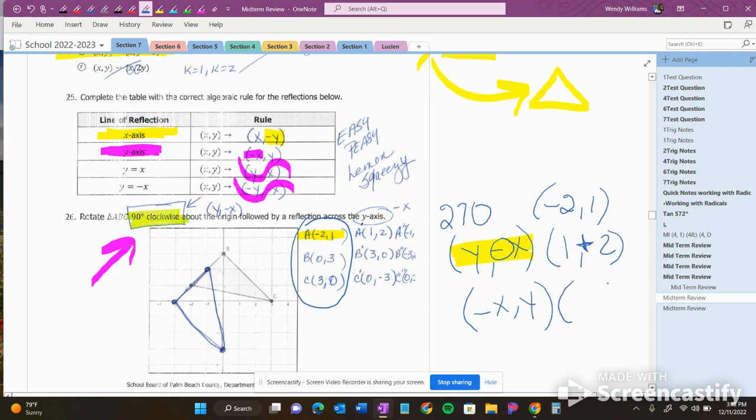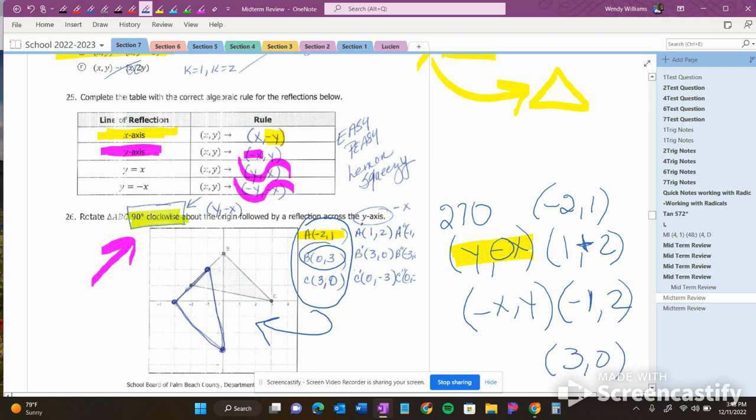And then across the y we change the x. So my point should be -1, 2. And you do that for all three coordinates. And you should get what looks like this. Again, switch and negate the second. 3, 0.